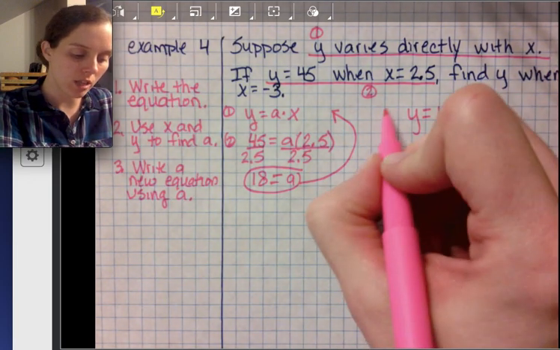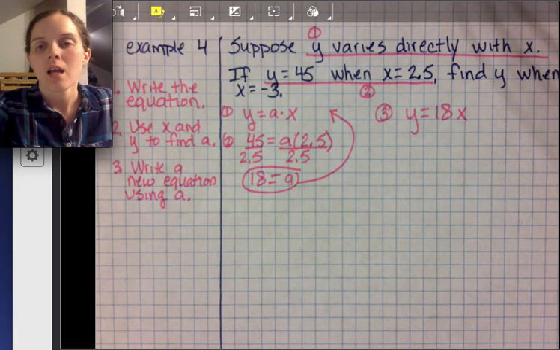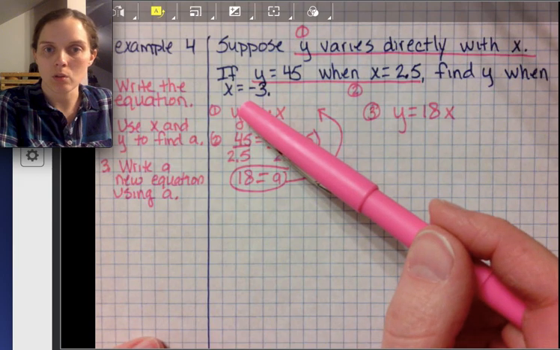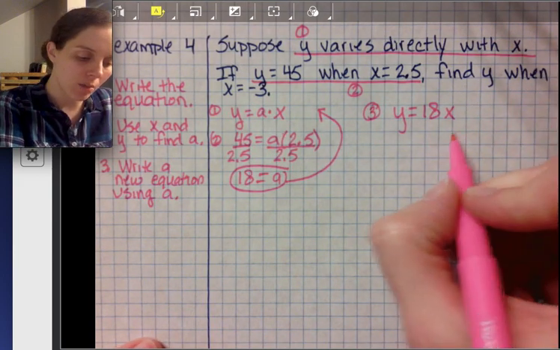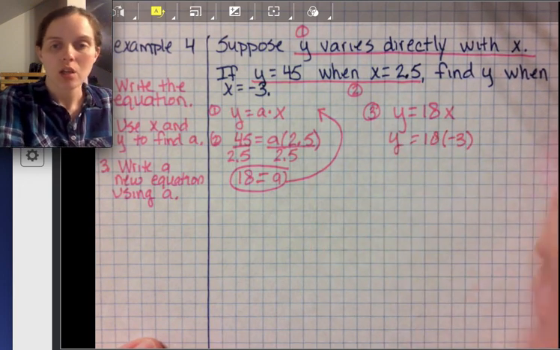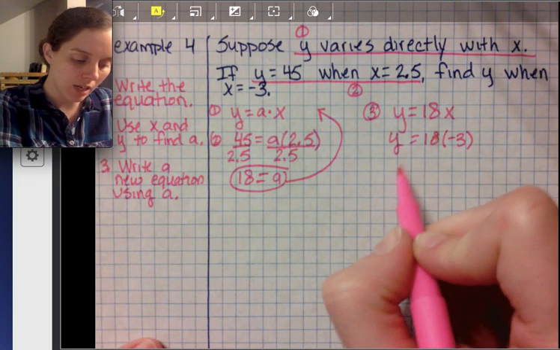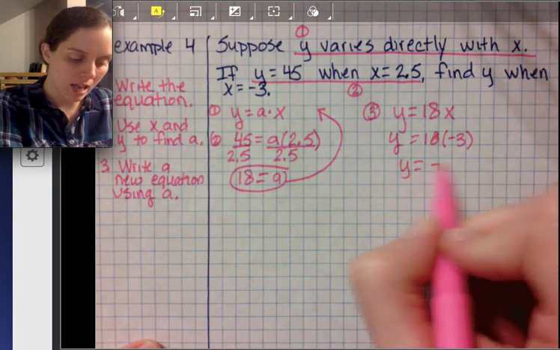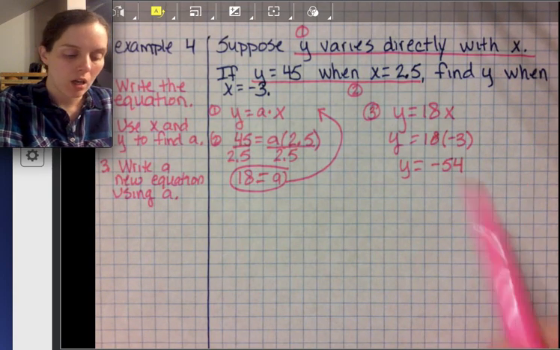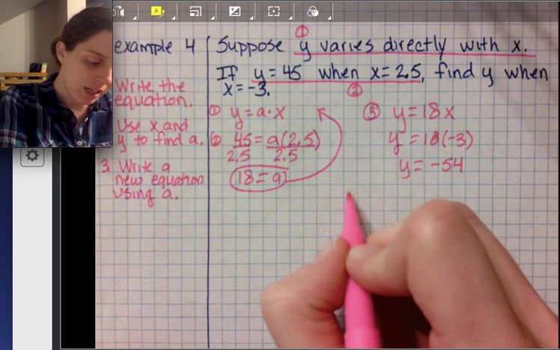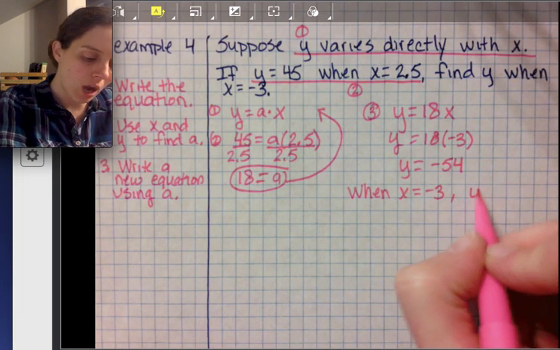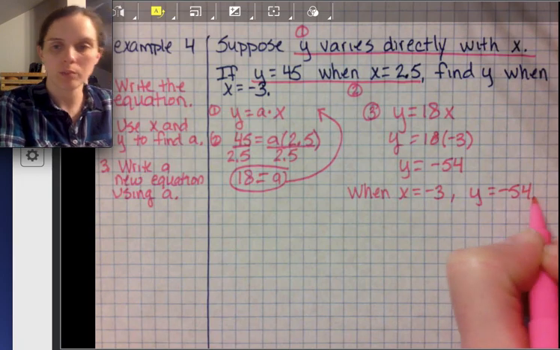Now I can use that to find y when x equals -3. Into this new equation, I put -3 for the x. 18 times -3 is -54. So when x equals -3, y equals -54.